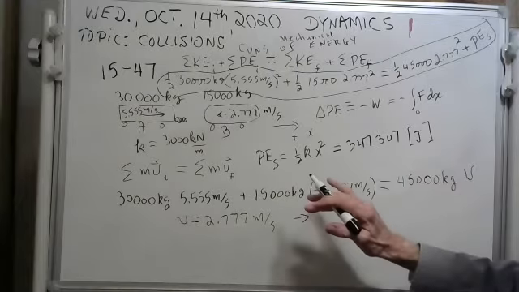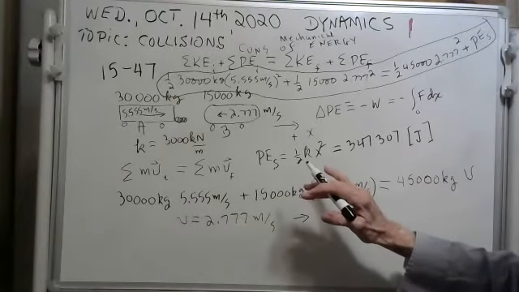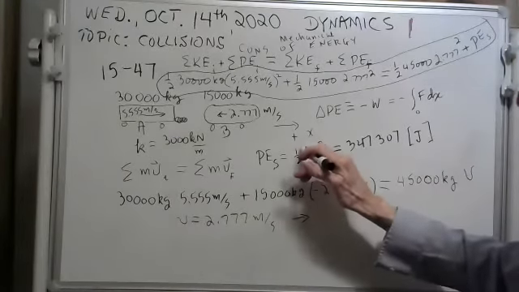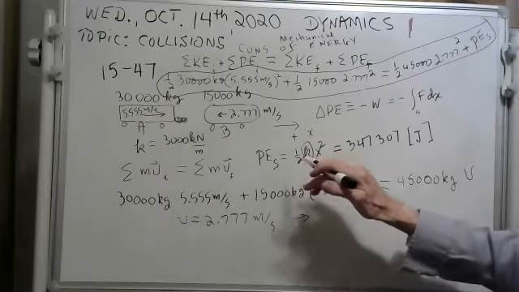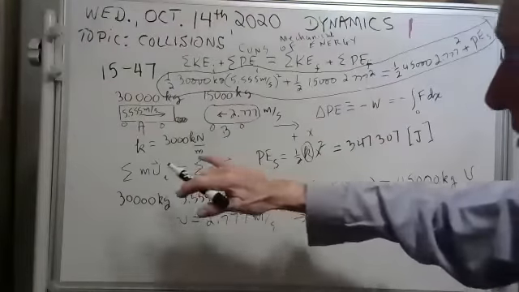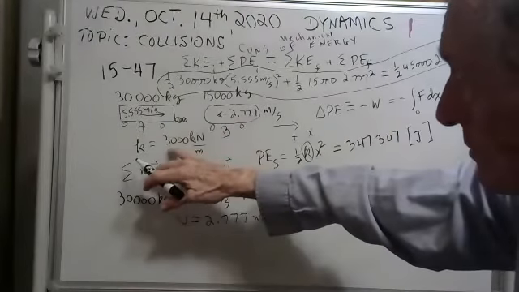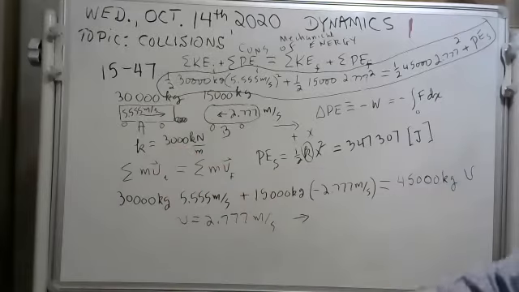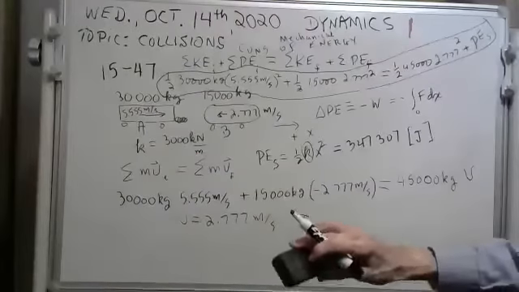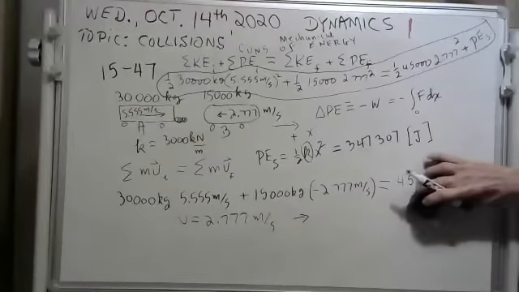Okay, now look here. We know K. Let me circle it. K is 3,000. Here, let me write this out. I need some room. I don't need all this stuff.